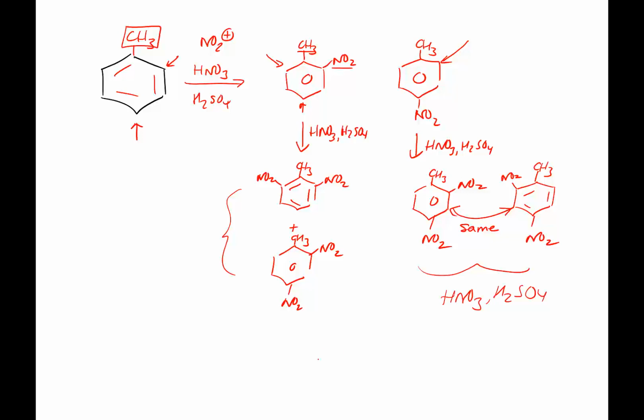And if I did that, what I'm going to end up with is the final product, which is this molecule, which is 2,4,6-trinitrotoluene. And I show this one as an example because this is trinitrotoluene.